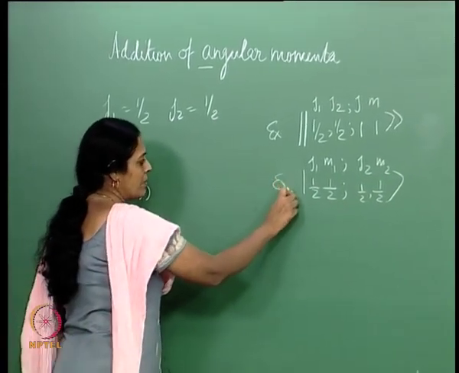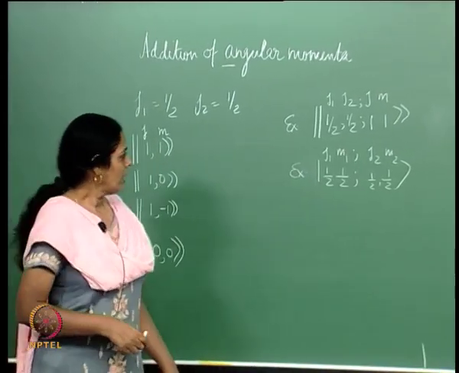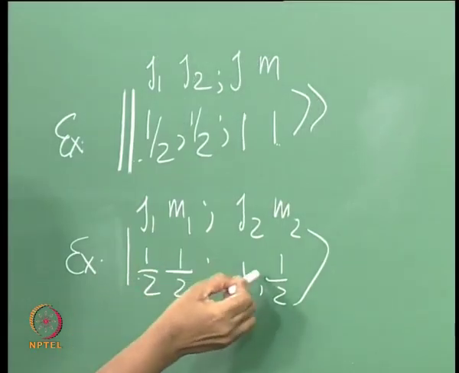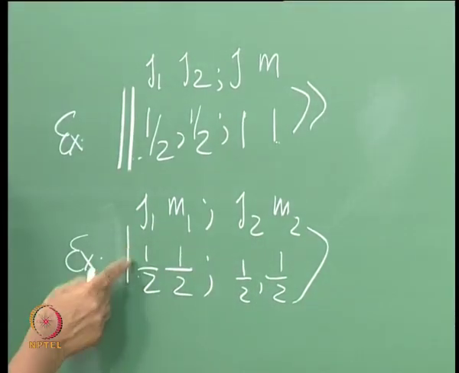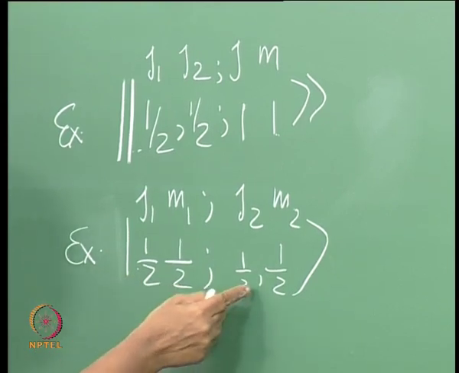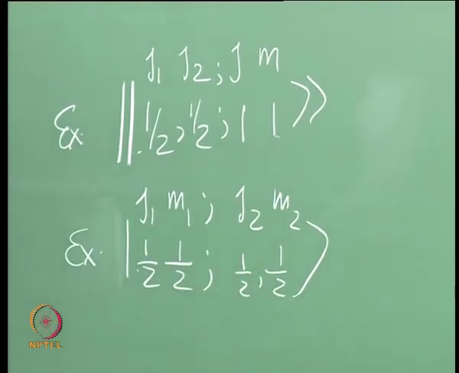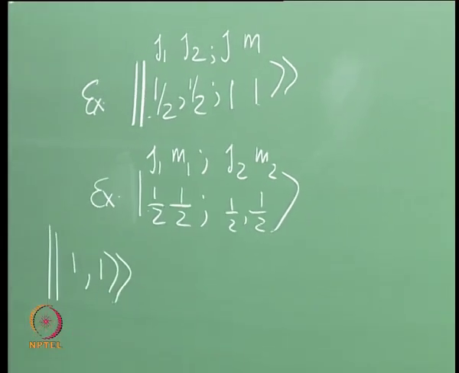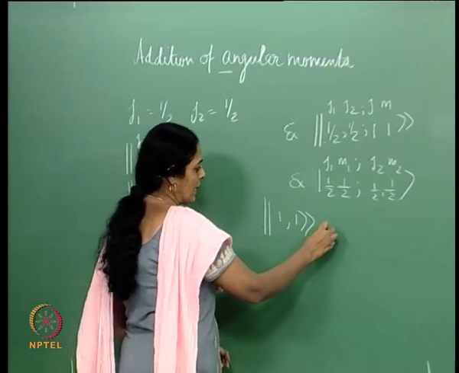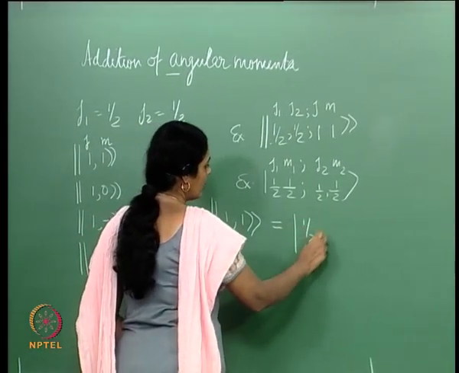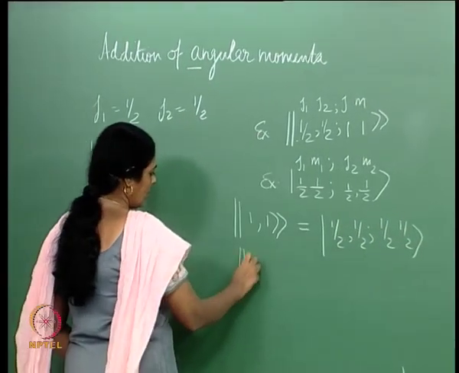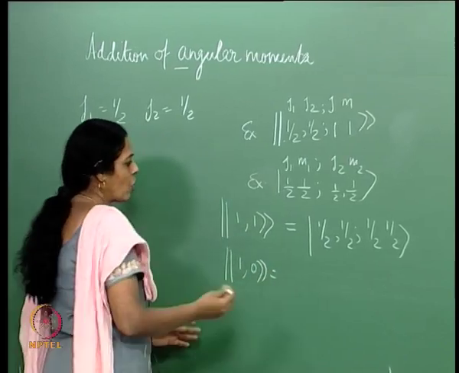So this is an example of the uncoupled basis set, and indeed we would have gotten this coupled basis state in terms of the uncoupled basis state by using half comma half for J1 and M1 and half comma half for J2 and M2. We wrote it in compact notation, and I simply said that 1 comma 1, the first entry being J, the second entry being M, was simply half half, half half. 1 comma 0 had a combination.